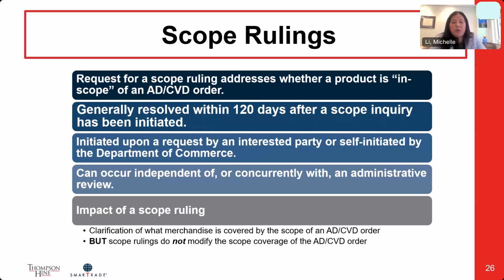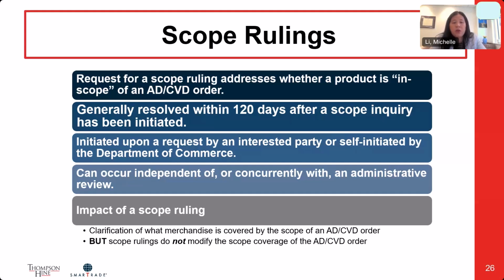It can typically be resolved within 120 days after it has been initiated, and you can file a request yourself, or Commerce can self-initiate. It could happen together with an administrative review, where a party requests a review of its cash deposit rate that came out of the investigation.